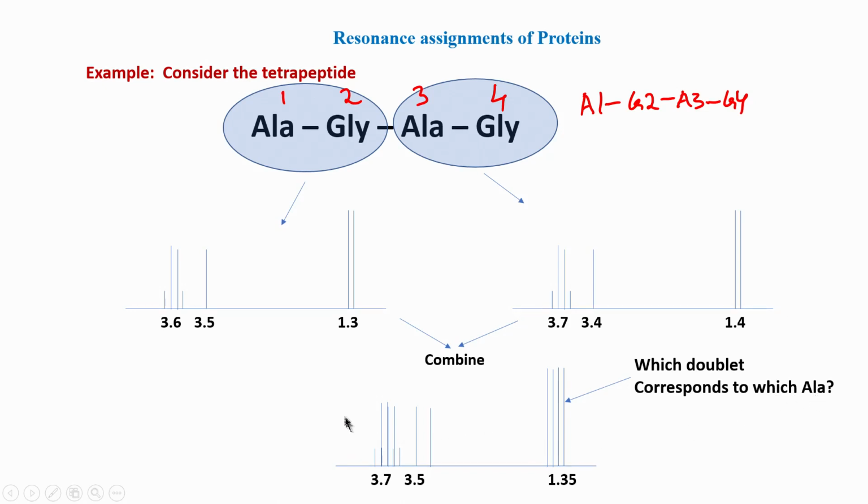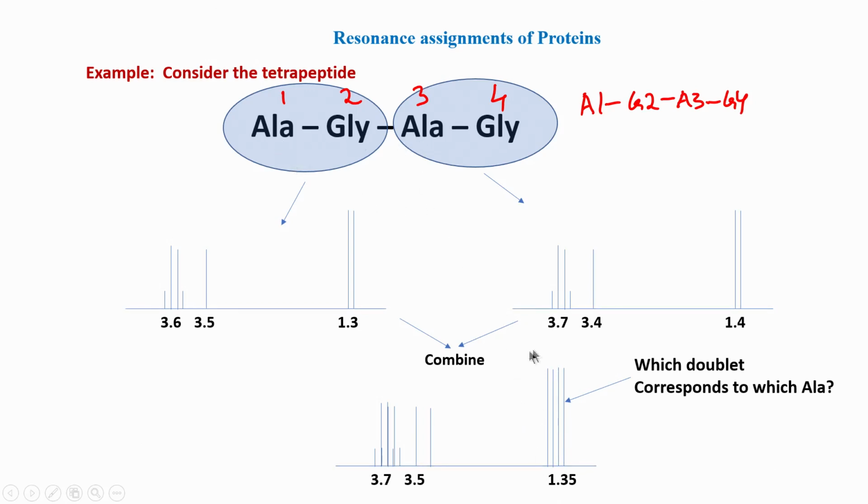That information is not here, because this was done just to show you. In reality, when I make a tetrapeptide and record a 1D spectrum, I will simply get something like this. I will not be able to tell which alanine doublet is which.